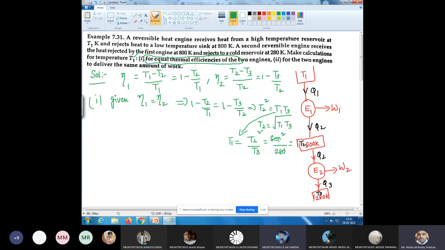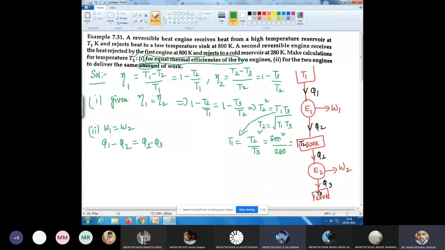What is the second case? The second case is given that the two engines deliver the same amount of work. So in this case we need to equate the work. Work done by engine 1 is equal to work done by engine 2. Work done by engine 1 is Q1 minus Q2. For the second engine, Q2 is supplied and Q3 is rejected.